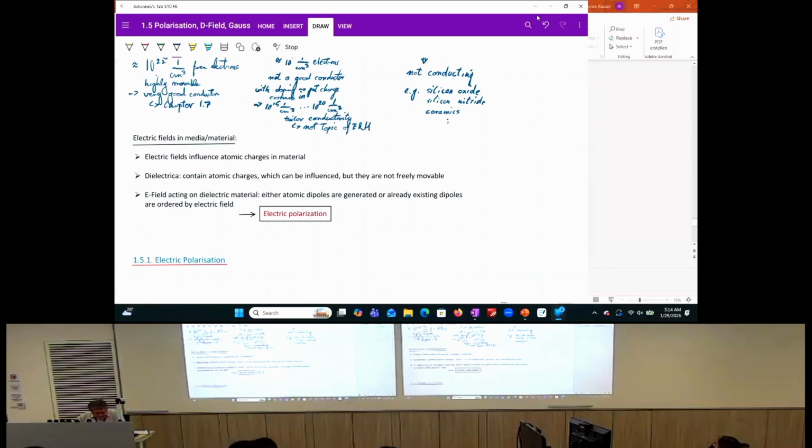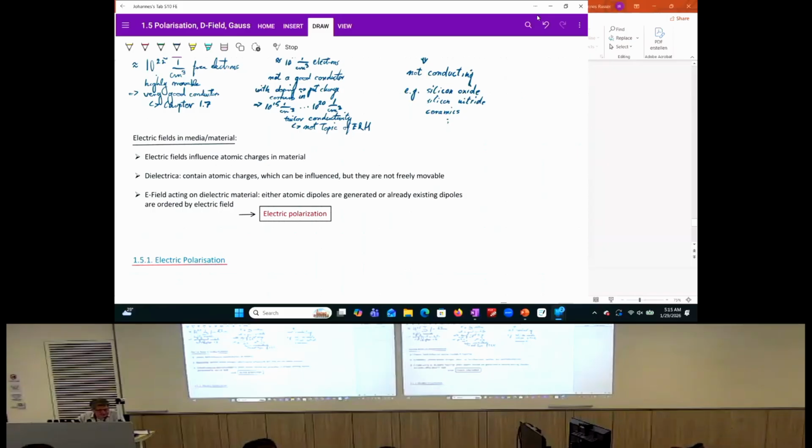These dielectrics contain atomic charges which can be influenced, but they are not freely movable. And then the E field is acting on the dielectric material. So then you have either atomic dipoles which are generated, or they can already exist, and then they will be ordered by the field.